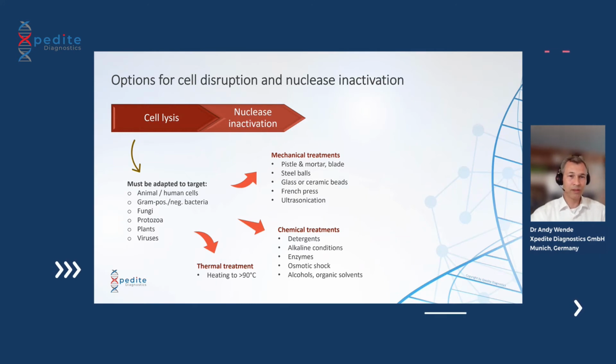And the most simple one is to apply heat to the sample. So thermal treatment, usually you would heat the sample above 90 degrees. That is also very efficient for breaking up cells.